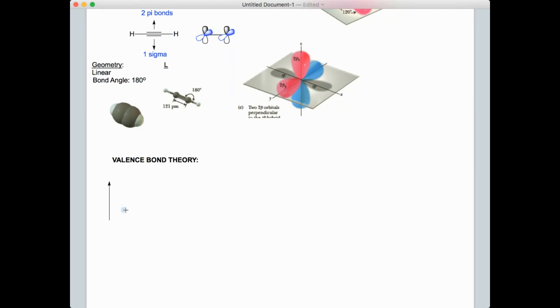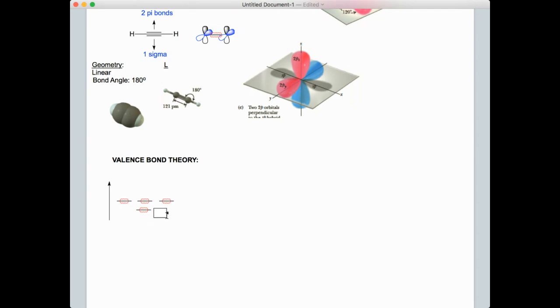Carbon is in group 4, period number 2. If it's in the second period of the periodic table, the valence shell is shell number 2, and in shell number 2 there are 4 orbitals. The 2s and 2p orbitals. So nothing new, you know this.